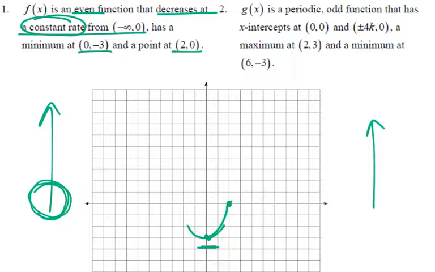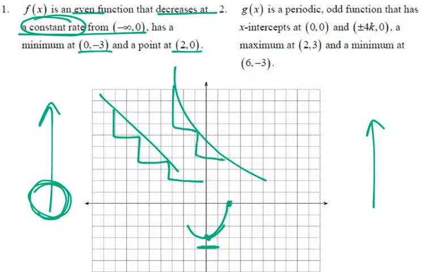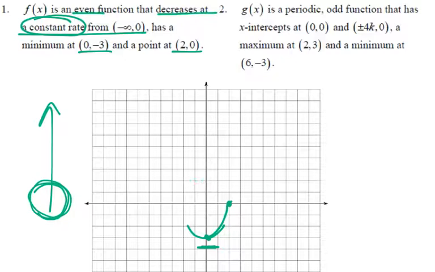When I think of constant rate, I think of a line, because that slope is constant, whereas anything else, the slope is going to be different. So the way I would interpret that is that it starts up here, and as we get to 0, we decrease to there in a straight line.